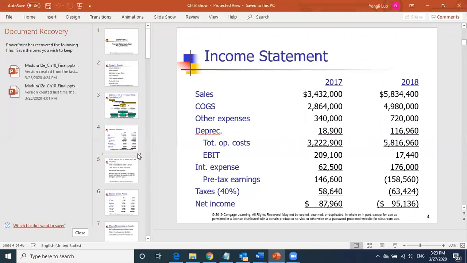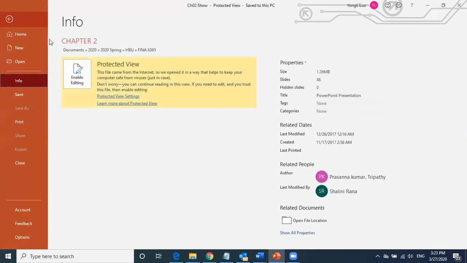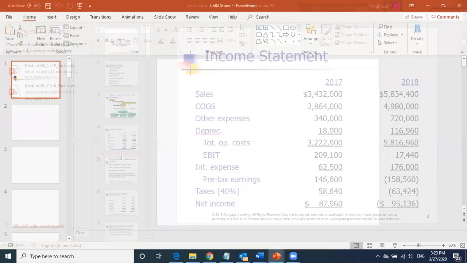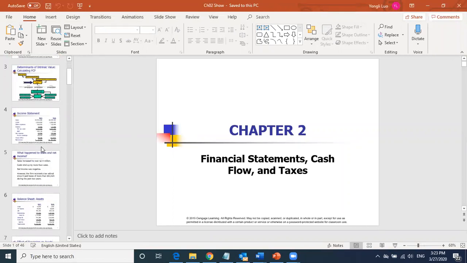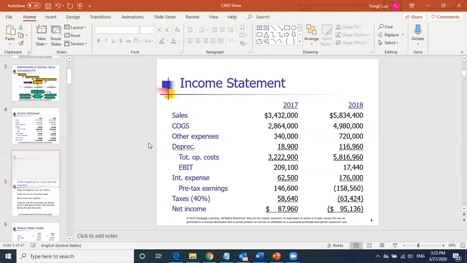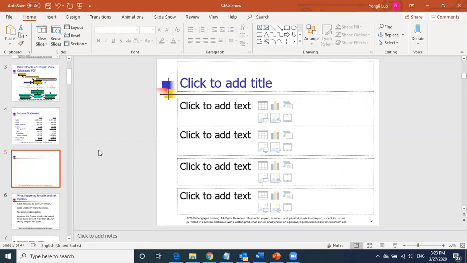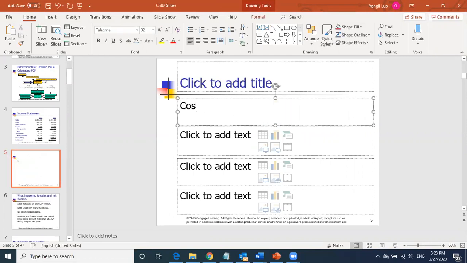So, okay, cost of goods sold. What is cost of goods sold?